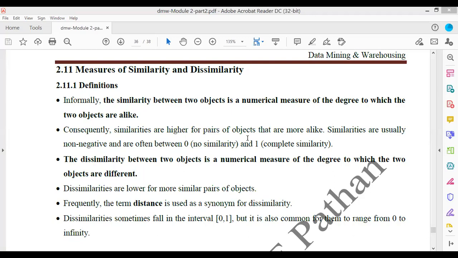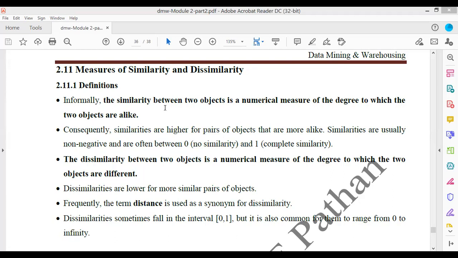So similarity between two objects is measured with the help of a numerical measure, which indicates to what extent the objects look similar to each other. That numerical measure value is called similarity.